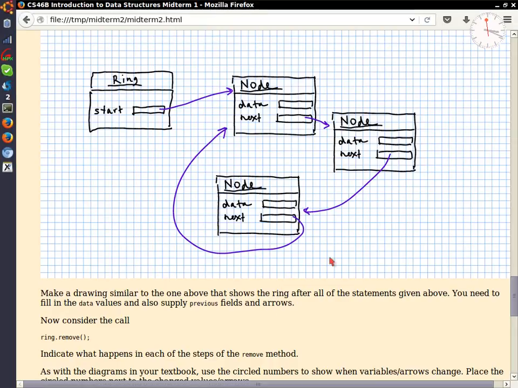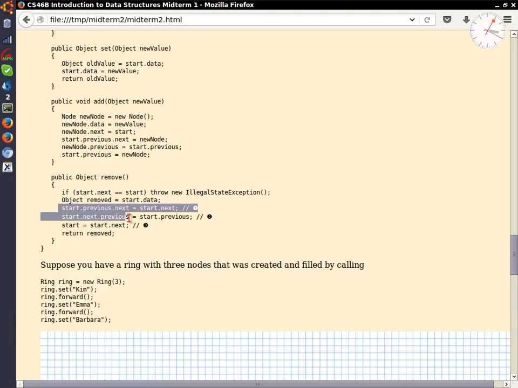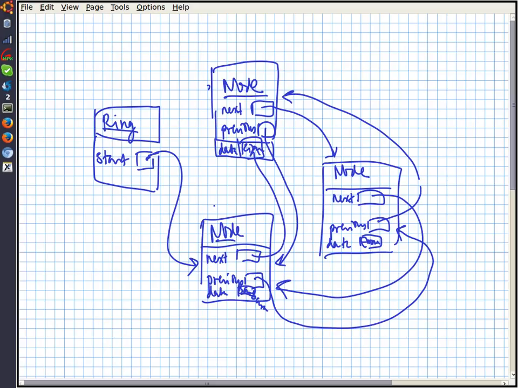So now we need to follow these steps here. It says start.previous.next equals start.next.